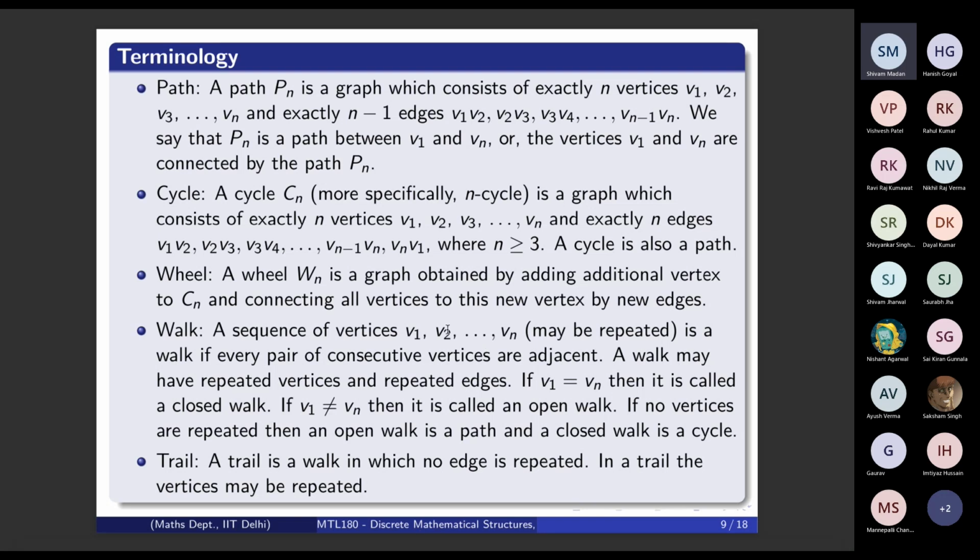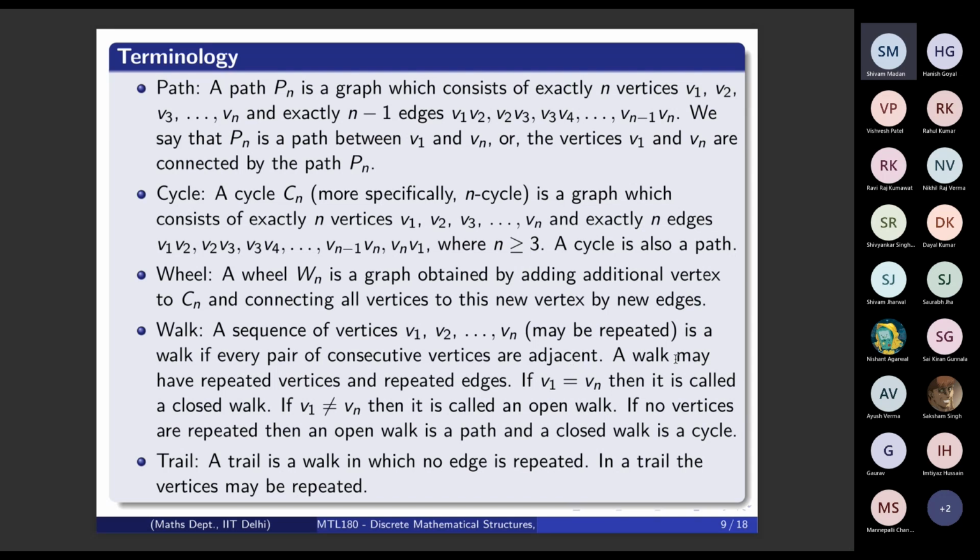We say that this sequence of vertices is a walk if every pair of consecutive vertices is adjacent. That means we have edges v1v2, v2v3, v3v4, in that way up to vn minus 1 vn. But here the difference is that some vi and some vj may be the same, and they might have common vertices and common edges, everything. It is called a walk.